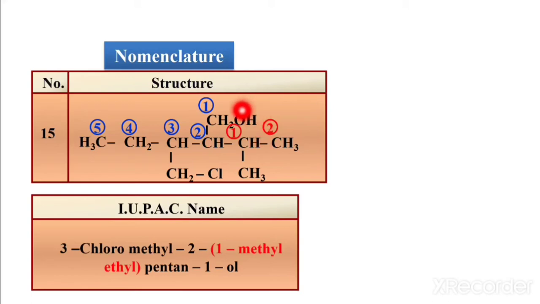Okay, that means this arrangement, this is the one linkage, and therefore the name of this compound: at 3 number position, 3-chloromethyl, that means here chloromethyl group, and at 2 position, in bracket, 1-methylethyl, this one, pentane, 5 carbon, therefore pentan-1-ol.